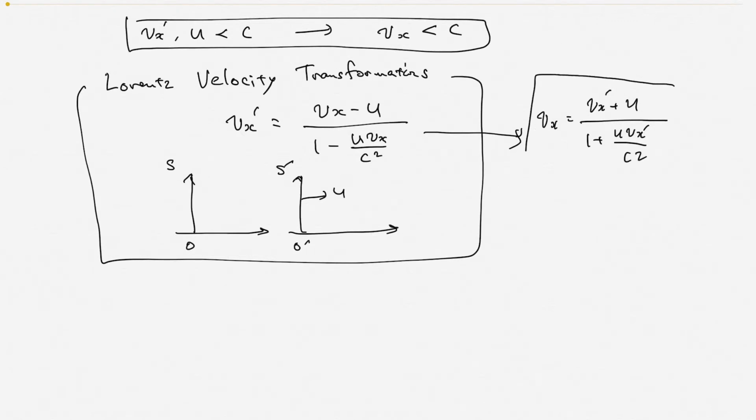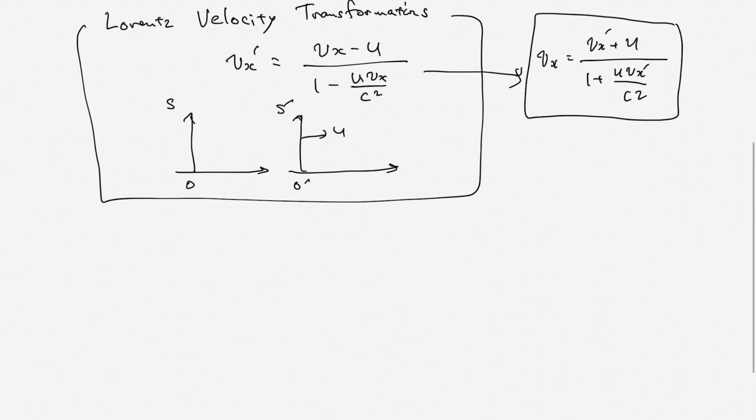Maybe this equation is much easier to use for these questions. And then it's better to introduce new variables. So we are going to use this equation, v sub x equals v sub x prime plus u over 1 plus u v sub x prime over c squared.